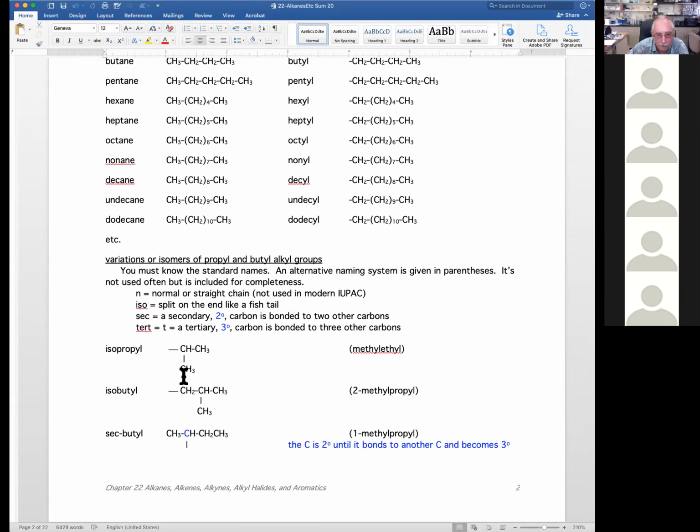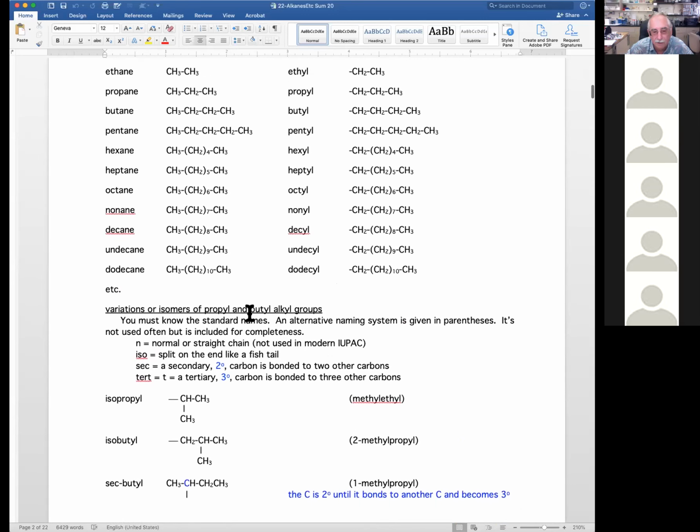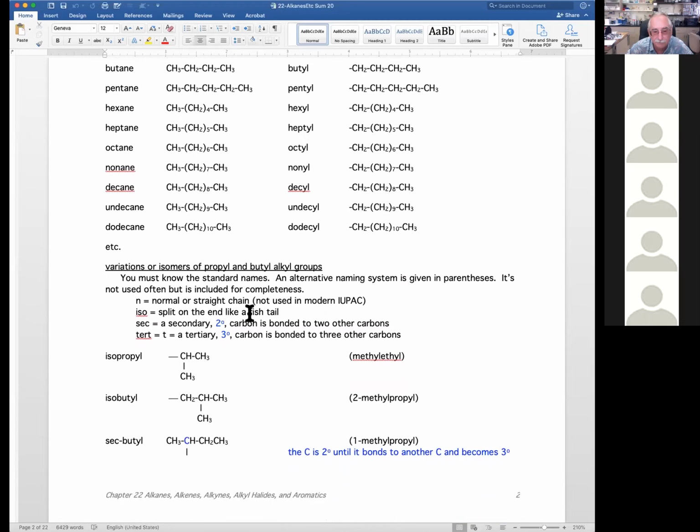So look, there's 3 in a row, so it's propyl. It's fishtailed, it's split, so it's called iso, isopropyl. This would be called isobutyl. Could you see that we could have actually called an isododecyl? It is a system, but it's kind of a confusing system.